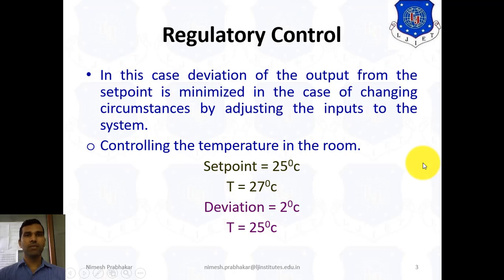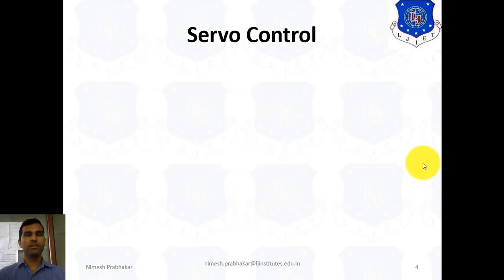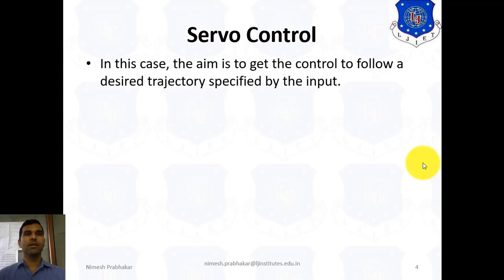The second type of control is servo control. As per the definition, in this case the aim is to get the controlled variable to follow a desired trajectory specified by the input.